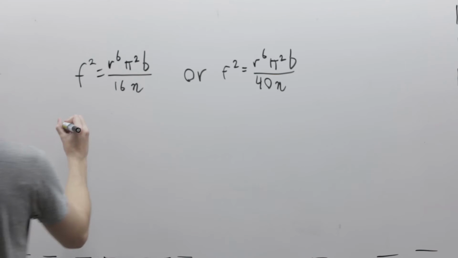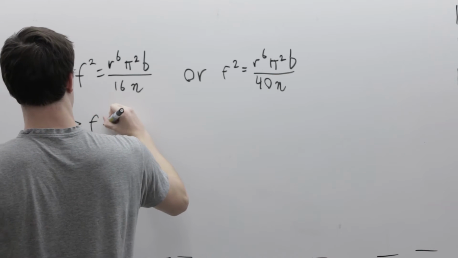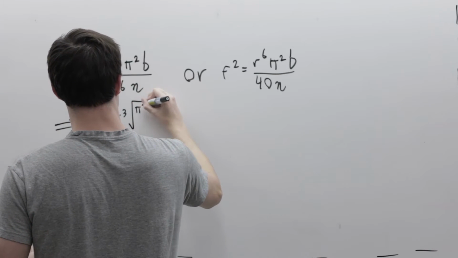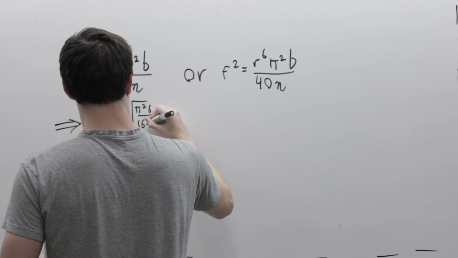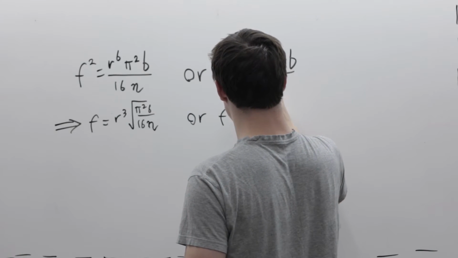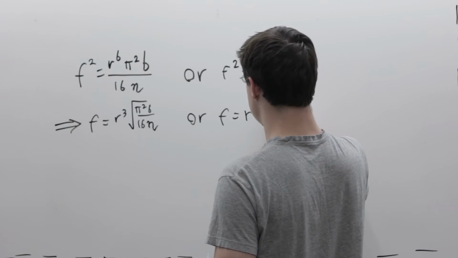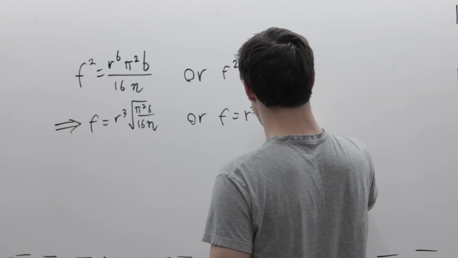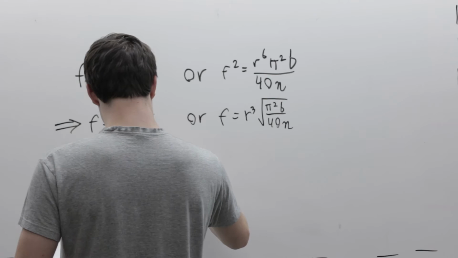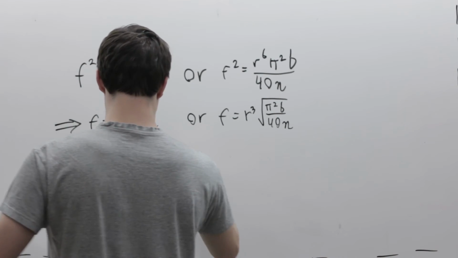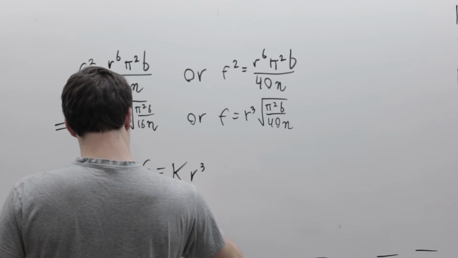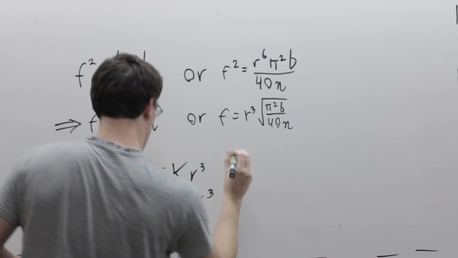And that result is that f equals r to the third times the square root of pi squared b over some constant times eta, which then leads to the result that flow equals some constant k times r cubed, or flow is proportional to r cubed.